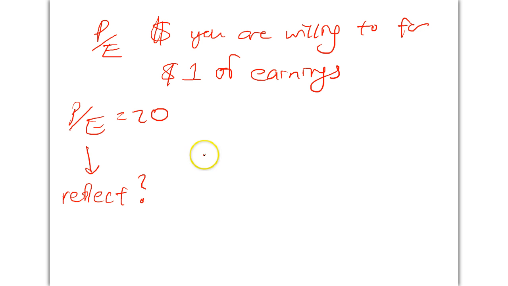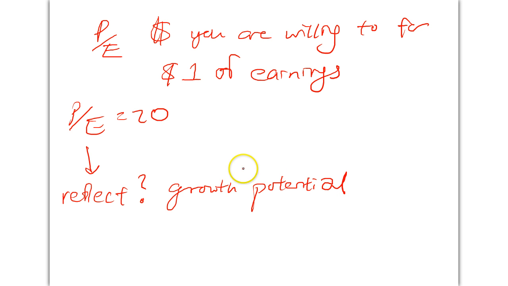Importantly, it reflects how the market views the company's growth potential. If a company has high growth potential, we would think that the PE ratio would be high, and vice versa. If the PE is high, you would know that the market expects high growth potential.